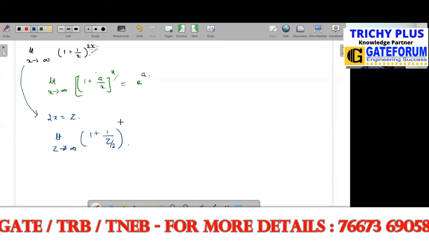If you want to put 2x here, this is going to be z, right? Okay. So limit z tends to infinity, (1 plus 2 by z) power z. Now you can map with this equation, which is nothing but a is equal to 2.